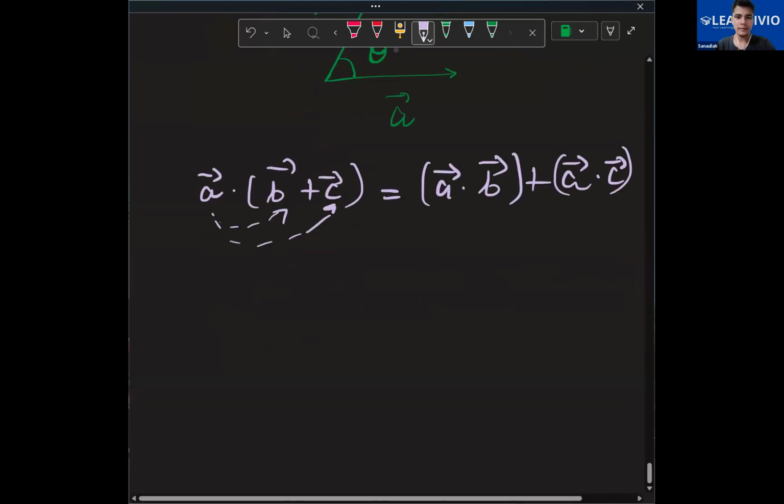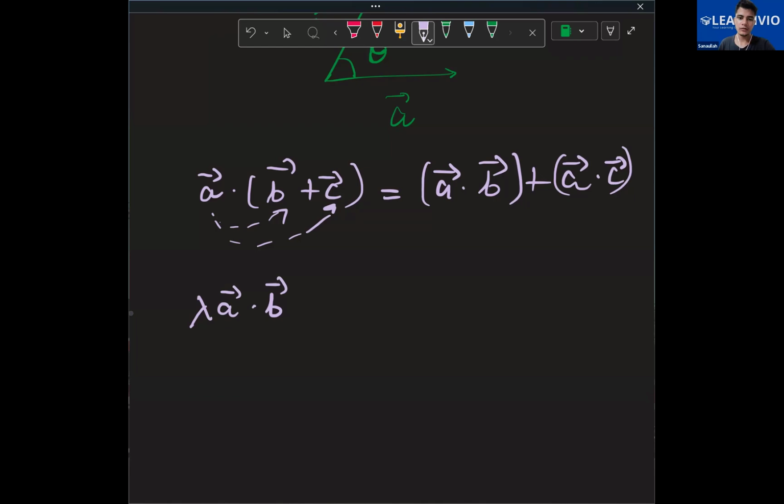And if you want to multiply some scalar quantity with a vector in a dot product, you can do this also. Let's suppose you multiply lambda with your A vector and then dot with your B vector, or you can write this as A vector dot lambda B vector, or you can write this as lambda times A vector dot B vector. You can do anything.